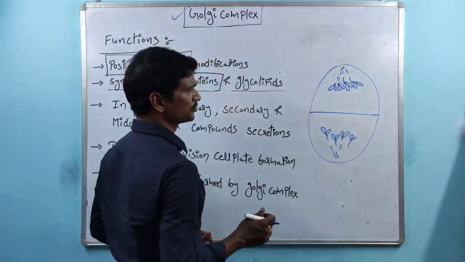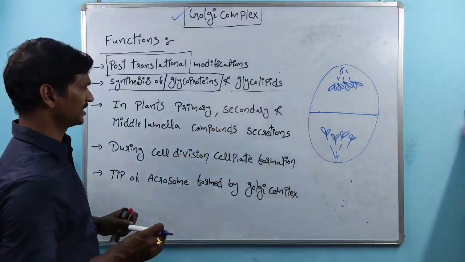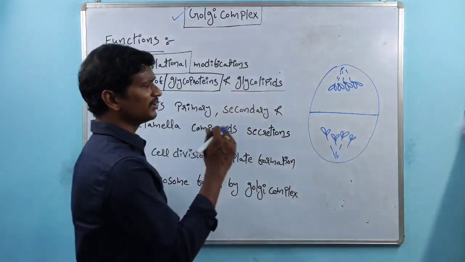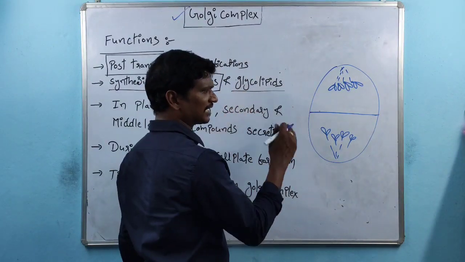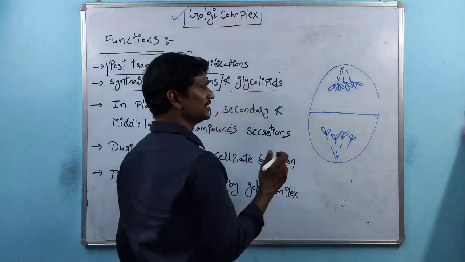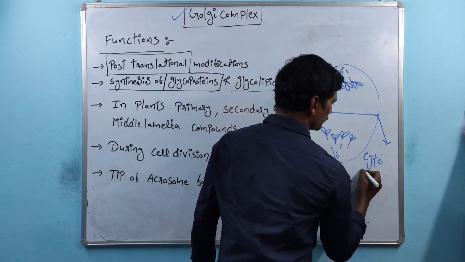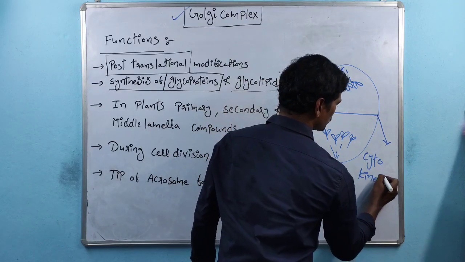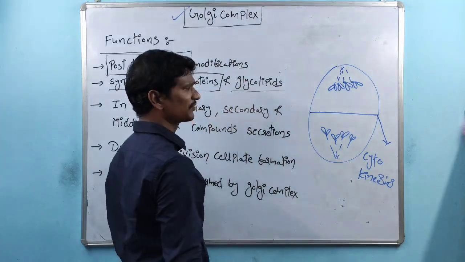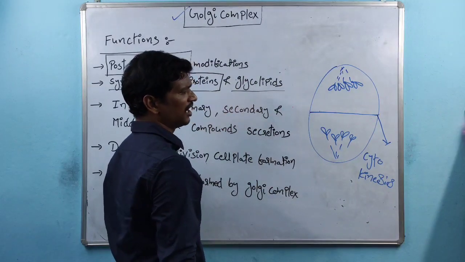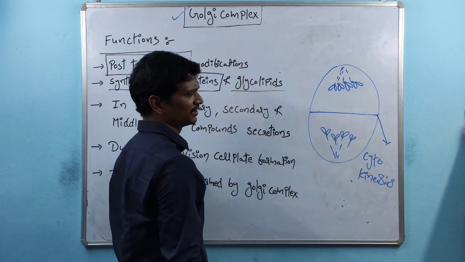After the separation of chromosomes, cytoplasm division also takes place. Wherever the chromosomes were arranged, exactly that line supports the cytokinesis. What is cytokinesis? After the genetic material separation, after the chromosome separation, the cytoplasm division also takes place.